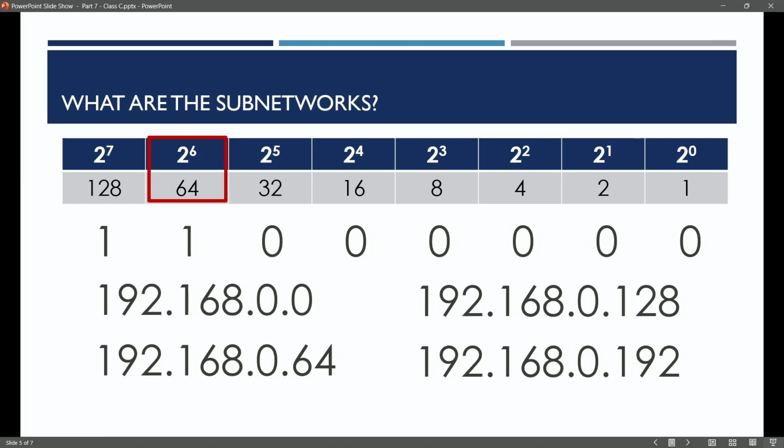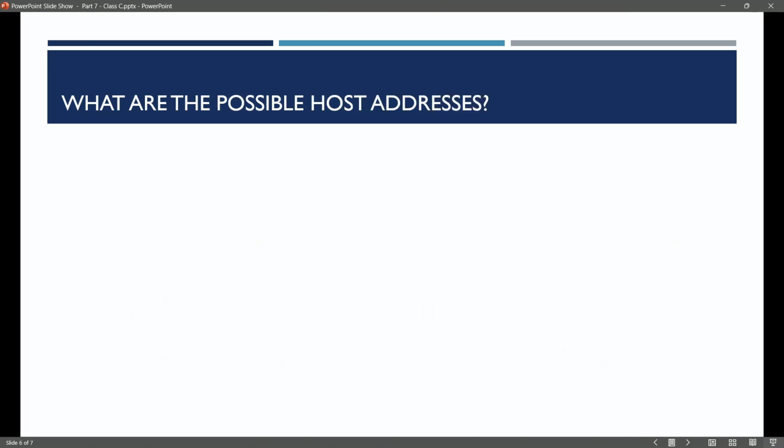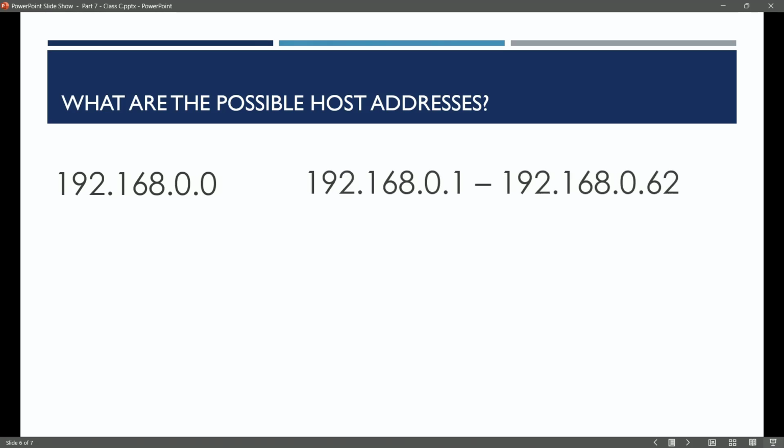And that leads to our final question when we are calculating subnetting like this, and that is, what are the possible host addresses? So we begin with 192.168.0.0, the network, so the first usable host is the very next number in the scheme, 192.168.0.1. We could give that to a host. And this would go all the way up to .62.